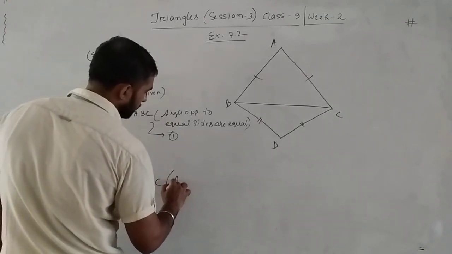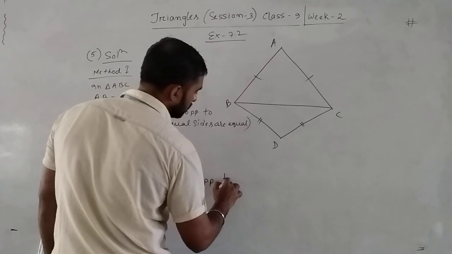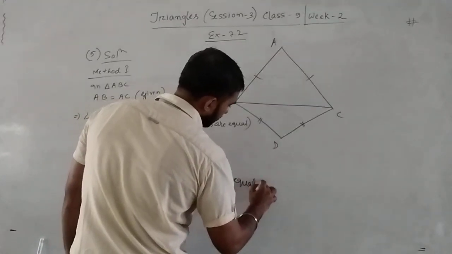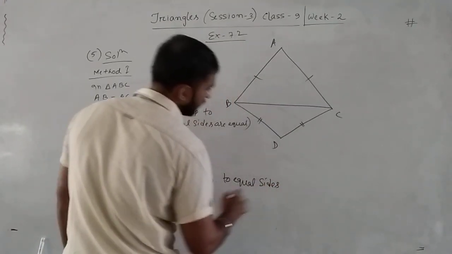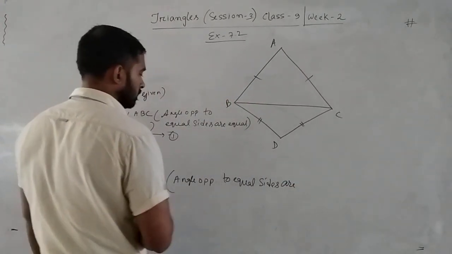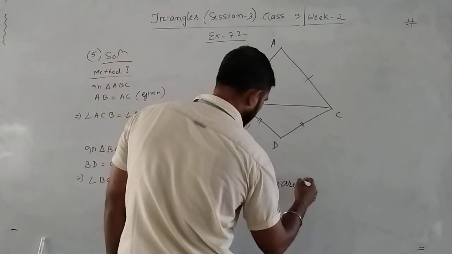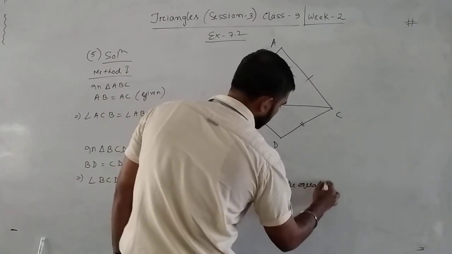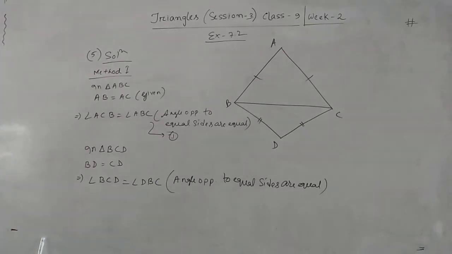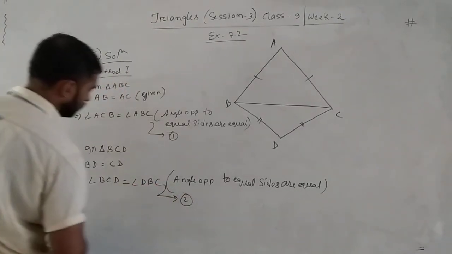Same reason, angles opposite to equal sides are equal. This is equation number 2.